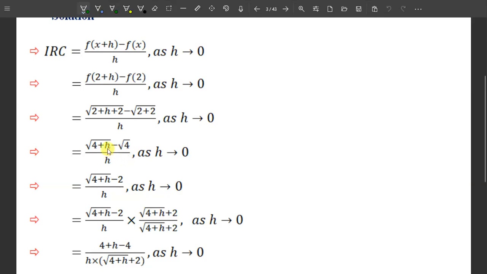What you have to do is immediately square this one. If we square radical 4 plus h, we will get 4 plus h.